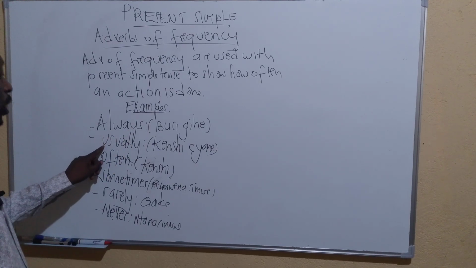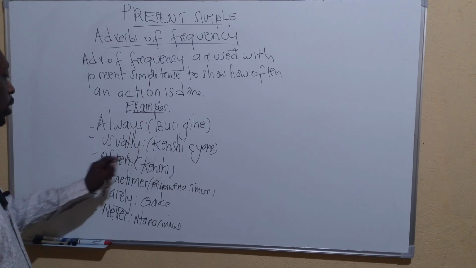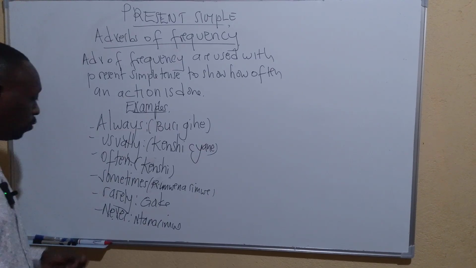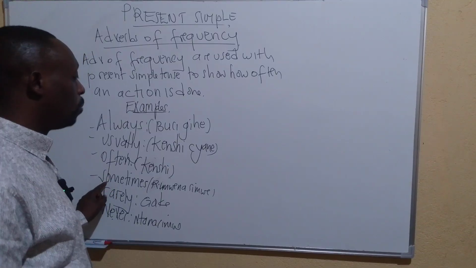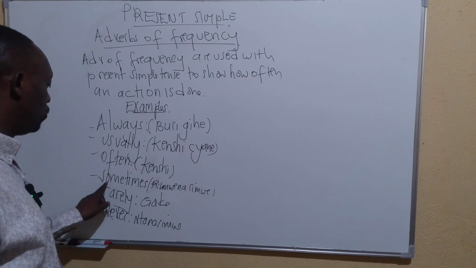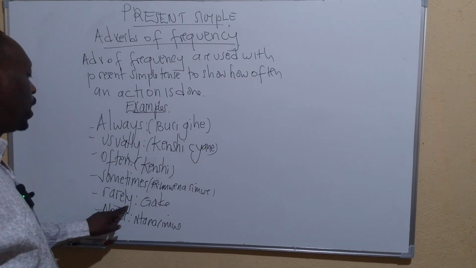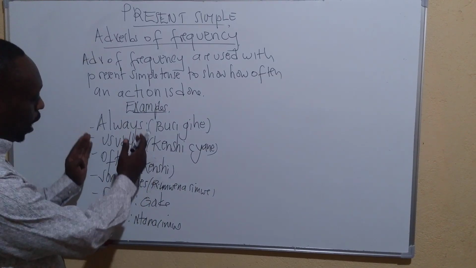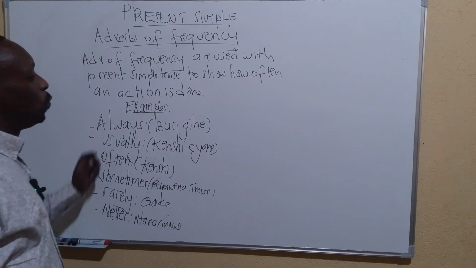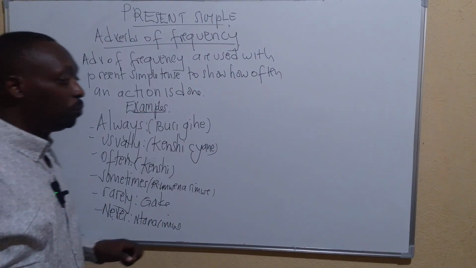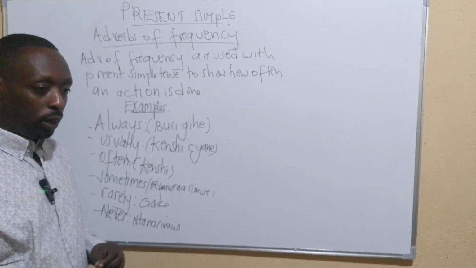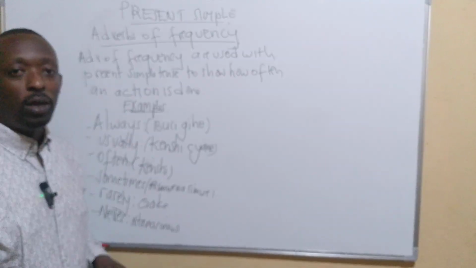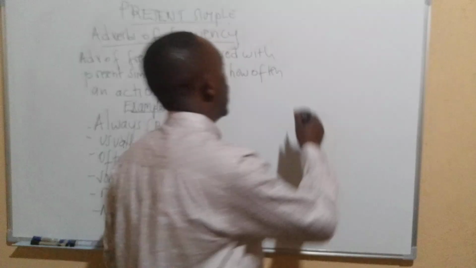This one is usually. This one is often. This one is read as sometimes. This one is rarely. This one is never. So these are adverbs of frequency which are used with the present simple tense to tell us how often or how many times an action can happen.